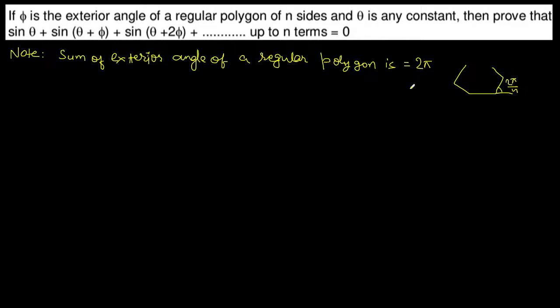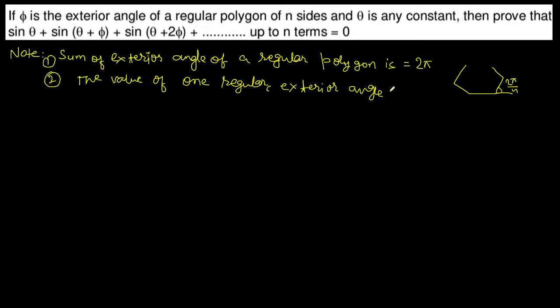Okay, so this is the first one. Second one, the value of one regular exterior angle is 2 pi by n.